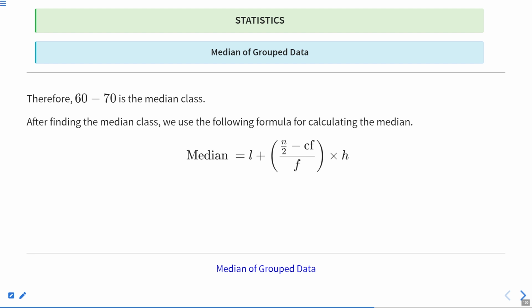After finding the median class, we use the following formula for calculating the median.